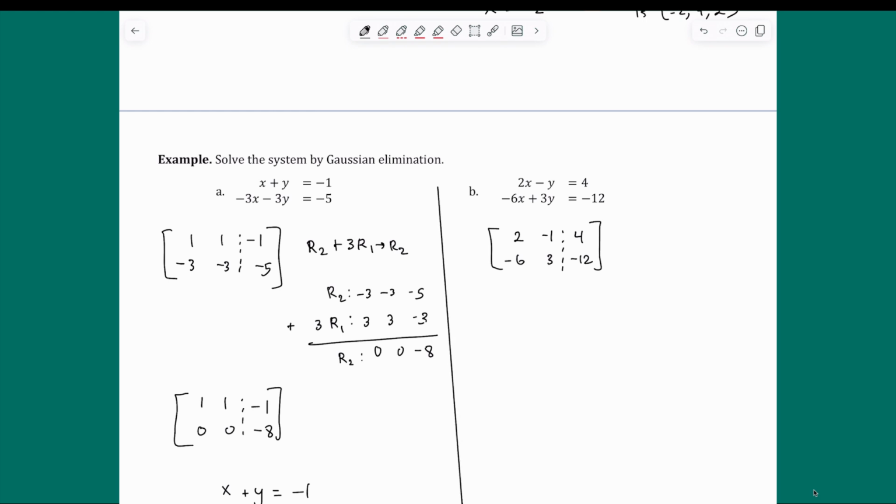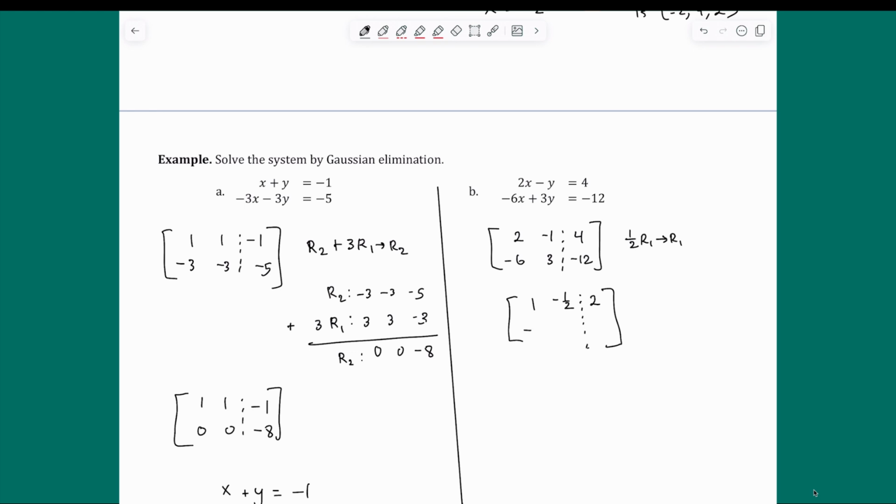Okay, so to do this, I'm going to make this first entry here a 1. So I'm going to go ahead and multiply row 1 by 1/2 to get a new row 1. Doing so would give me 1, right? 2 times 1/2 is 1. Negative 1 times 1/2 is negative 1/2. 4 times 1/2 is 2.